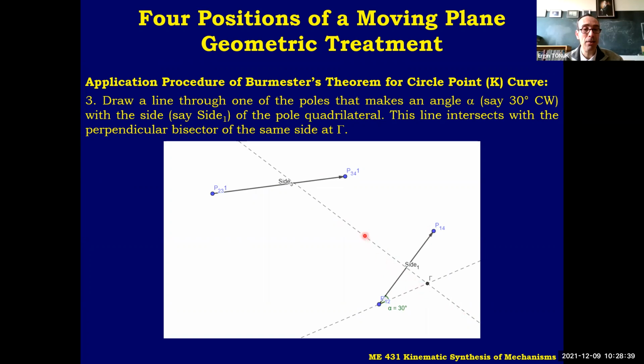So that line is the perpendicular bisector. This is an arbitrary line, which makes an arbitrary angle, and their intersection gives me point gamma, okay? Is this clear to everybody?